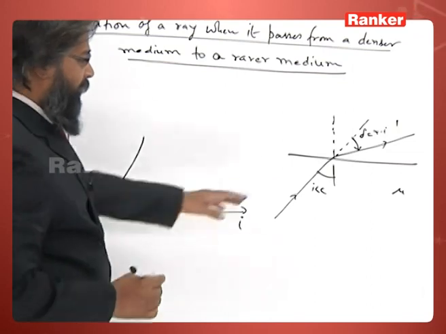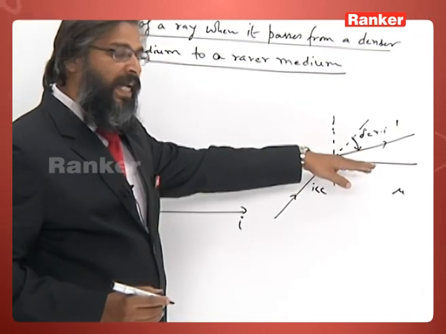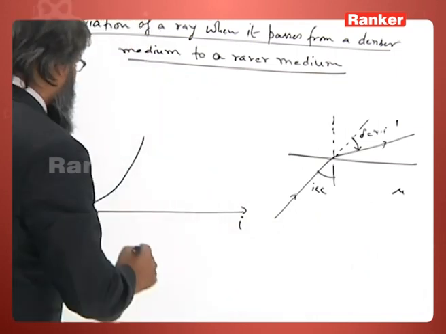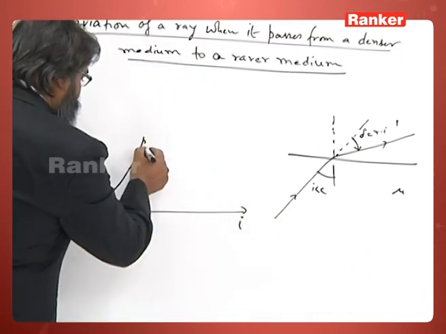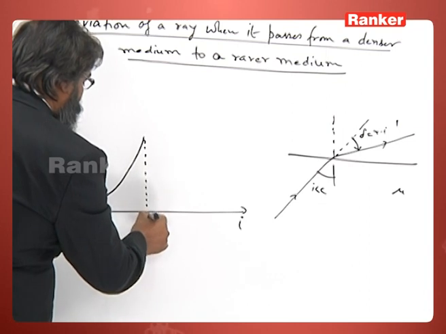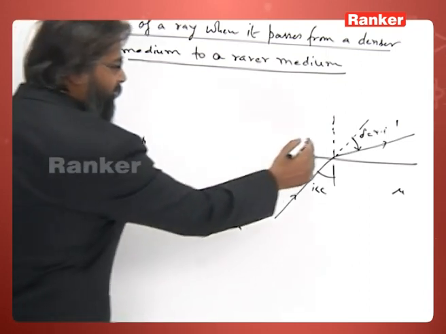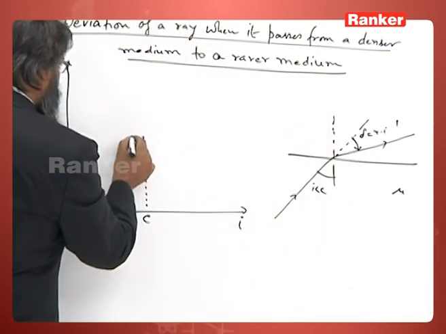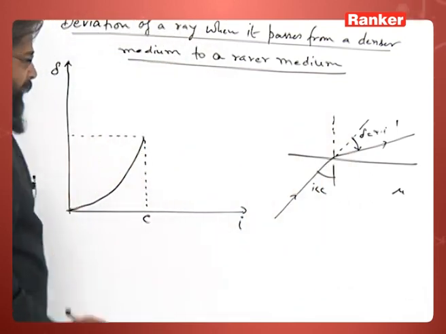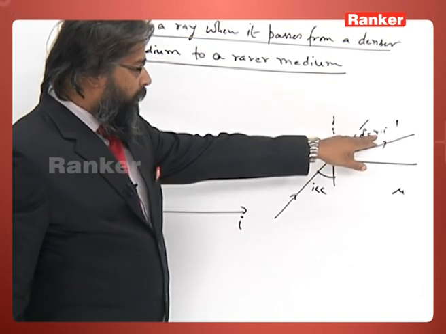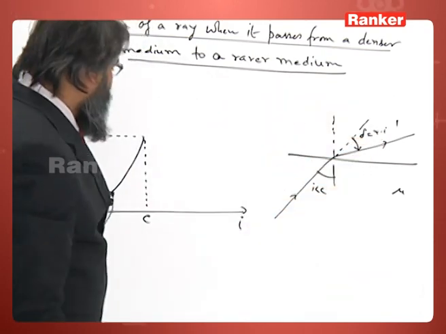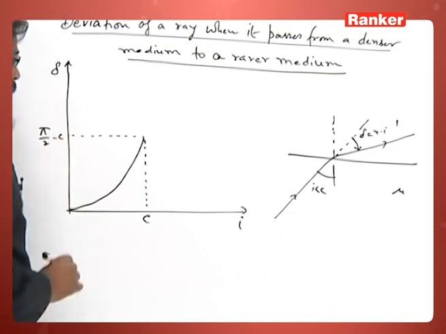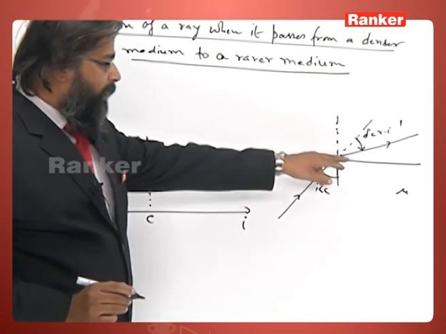Till I becomes the critical angle, this deviation will be equal to R minus I. When it is somewhat less than the critical angle, R is 90 degrees, and the deviation at that time will be pi by 2 minus C.